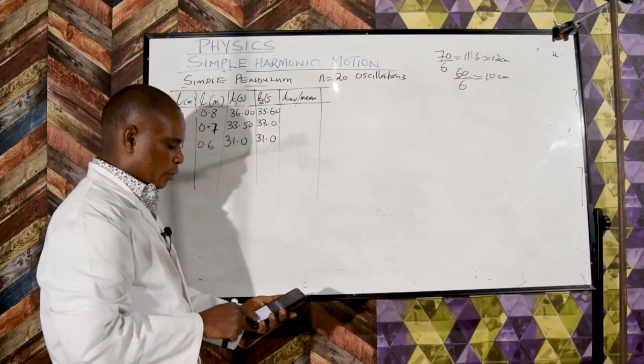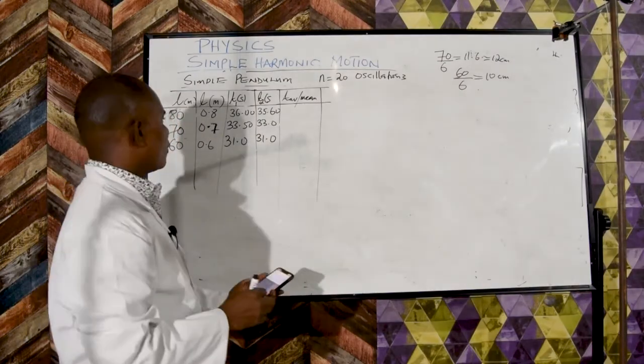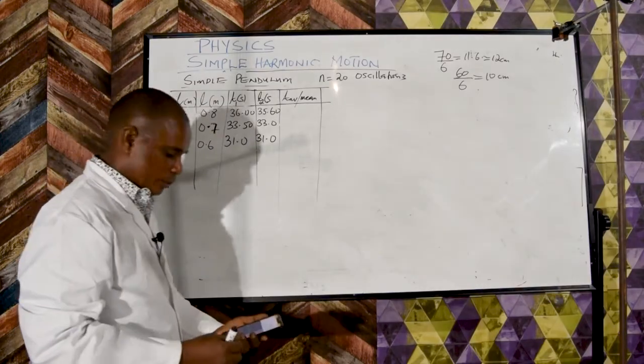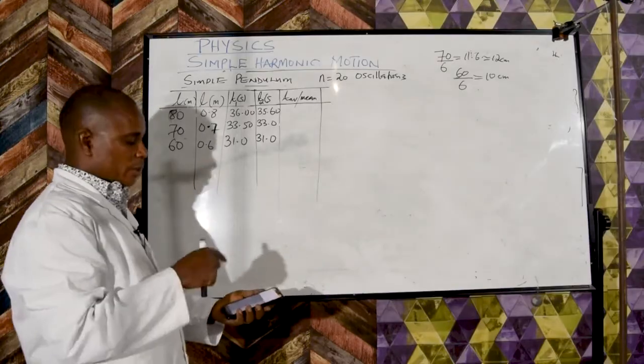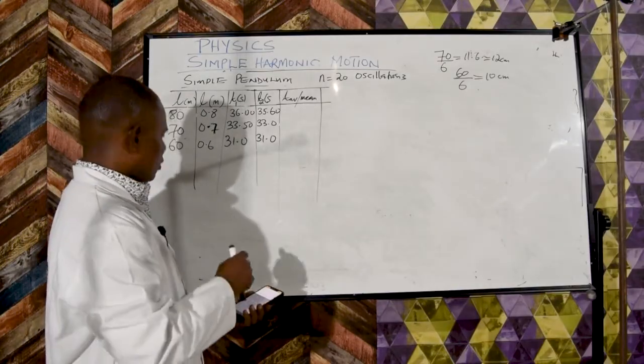So I'm coming to add all of them. Of course, this one is 31. You use your own calculator. In the exam, you're not required to use a mobile phone, but don't mind me.